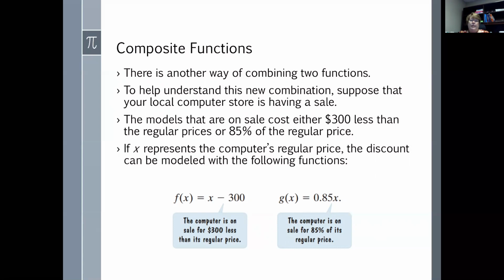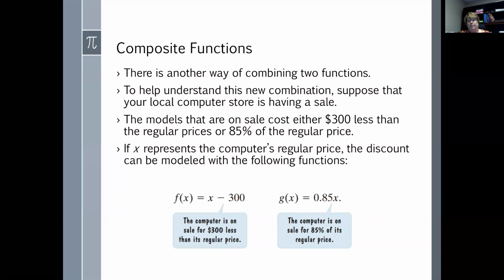The models that are on sale cost either $300 less than the regular price or 85% of the regular price. So one model you can get for $300 off, and maybe another model or 2 they're going to sell you at 85% of the original cost.